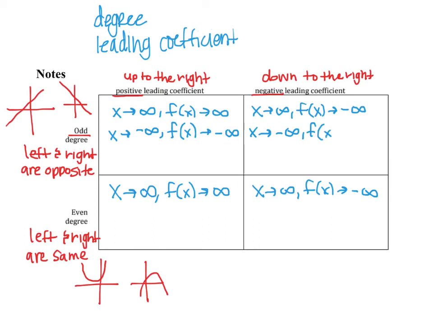So as I am coming from the left, I am positive. Even degree with a positive leading coefficient, this is like a parabola that opens up. Both the left and right sides are going up. Even degree with a negative leading coefficient, this is like a parabola that opens down. Both the left and right sides are going down.